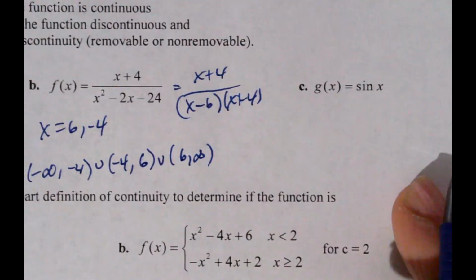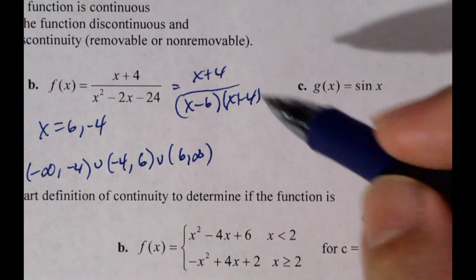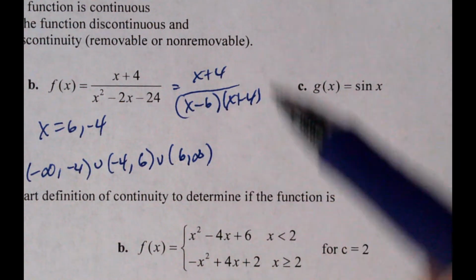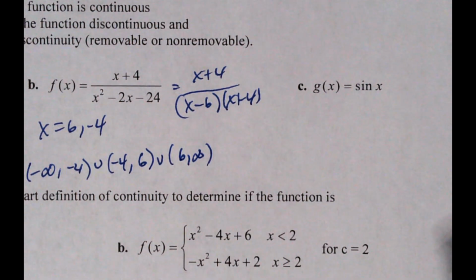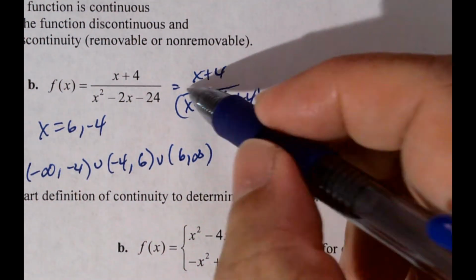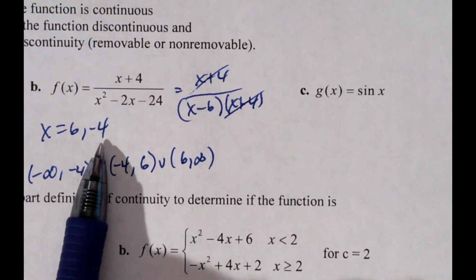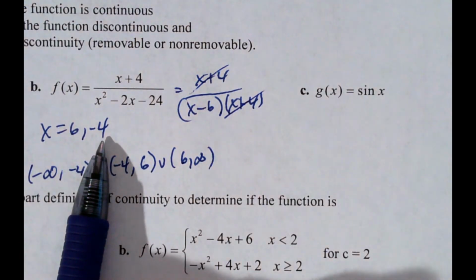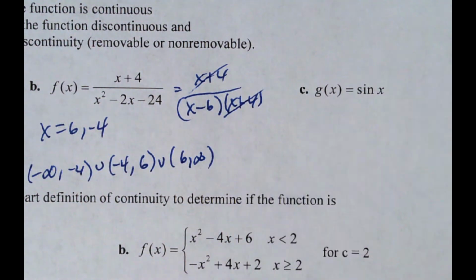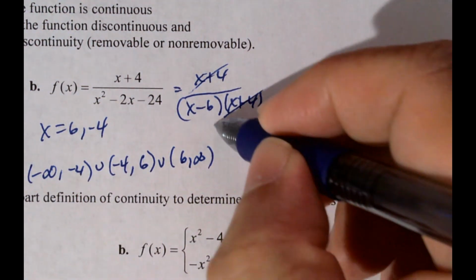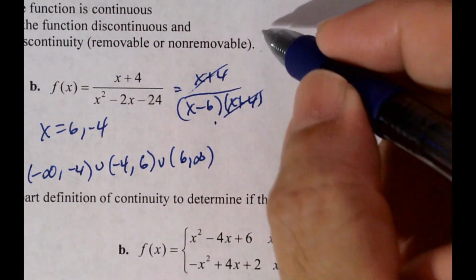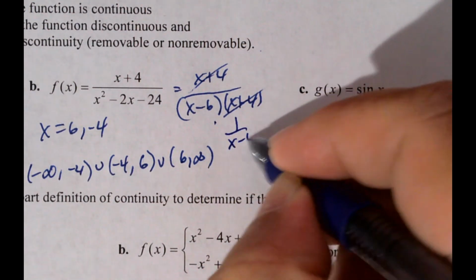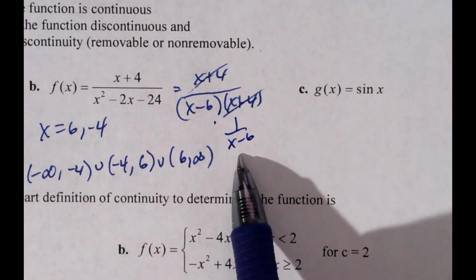Next, I am going to discuss which one is removable and which one is non-removable. The x plus 4 I can cancel. That would remove negative 4 as a discontinuity. That would leave me 1 over x minus 6 if I cancel that out. So that means x equals 6 is a non-removable discontinuity.